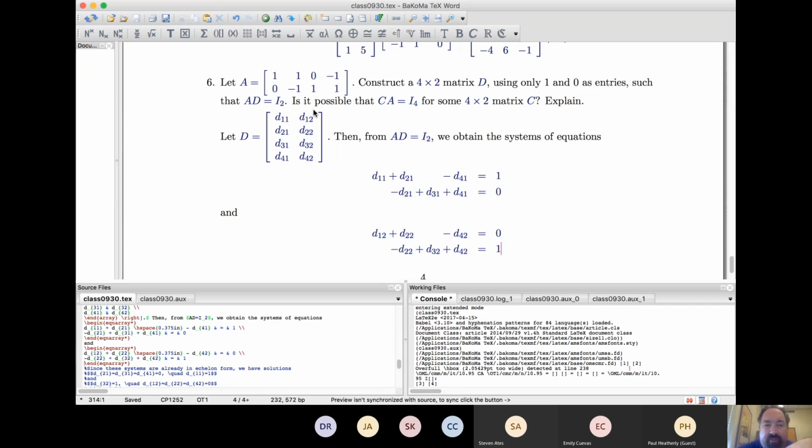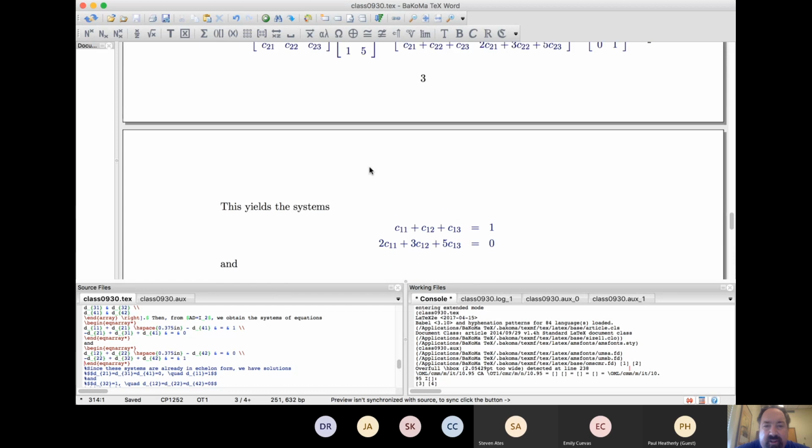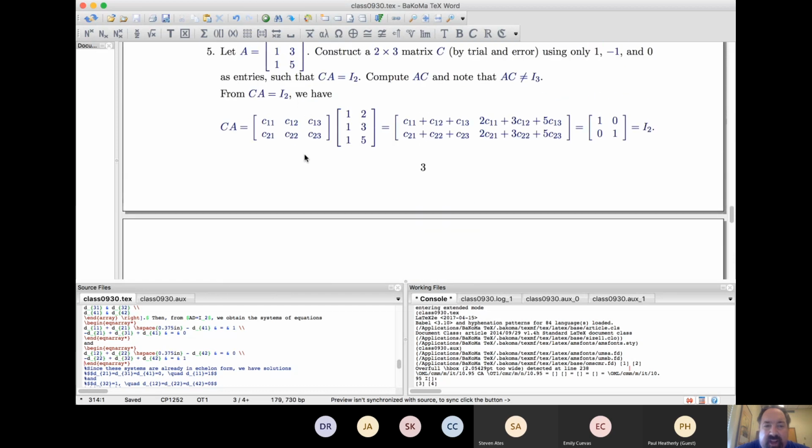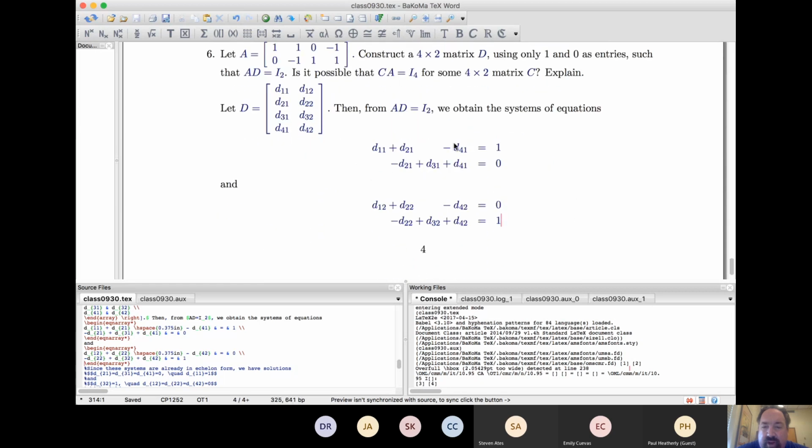In the previous problem, I was multiplying A on the left by C. But now I'm multiplying on the right by D. That's why it changes from rows to columns. So if you were to write out the product A times D in the same way that I've done here with the product C times A, and you equate it to the 2x2 identity matrix, that's where these equations come from.